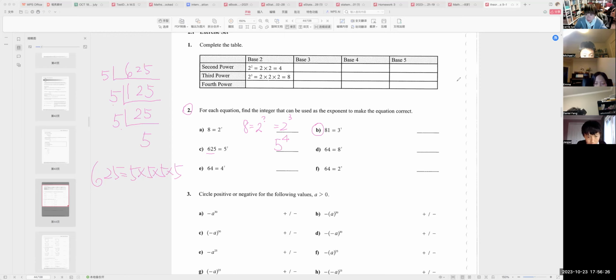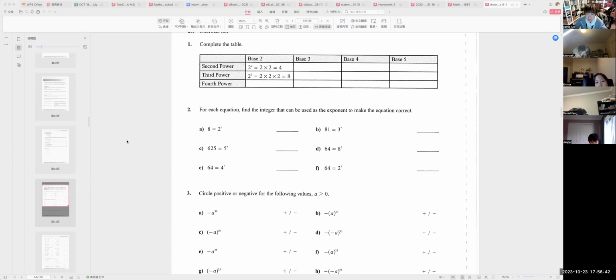So 81 equals 27 times 3; 27 divided by 3 equals 9, divided by 3 equals 3. So the answer is 3 to the power 4. Get it, everybody? So this is how you get it. We're not going to discuss it anymore because those are part of your homework.